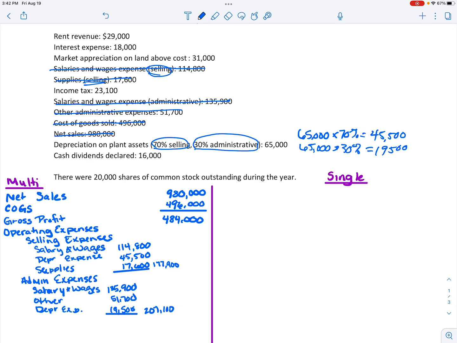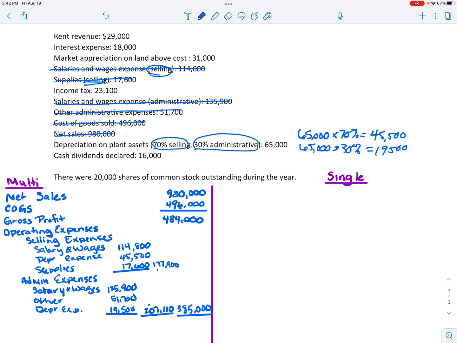Then I'll add up the subtotal of all these operating expenses. If I add the 177 and the 207, it should equal 385,800, or 385 there.